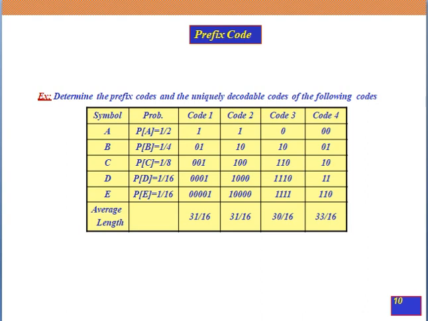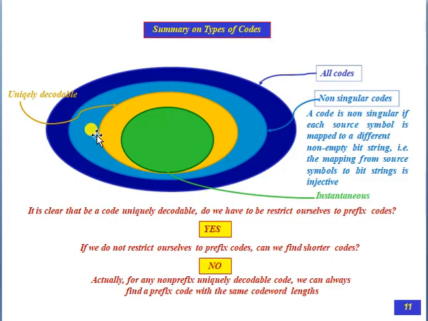Here, in the subset technique, we can also broadly classify all codes. A code is non-singular if each source symbol is mapped to a different non-empty bit string.